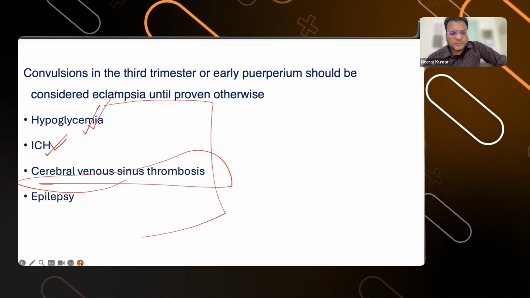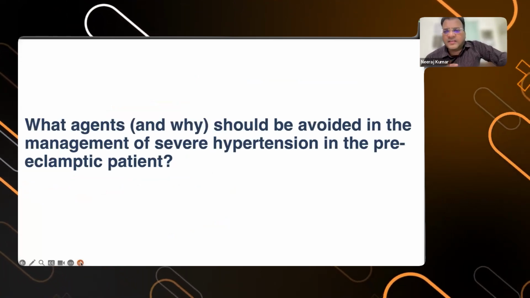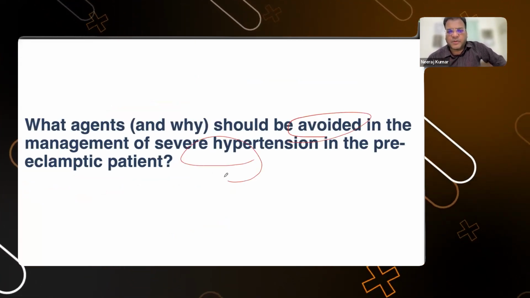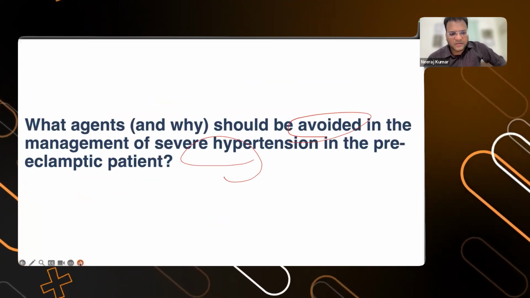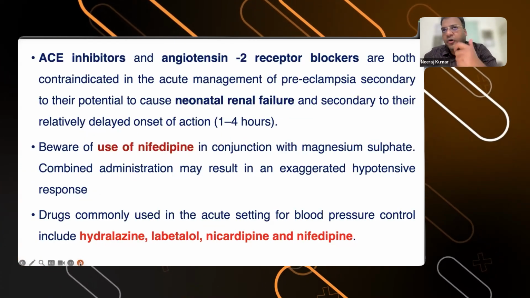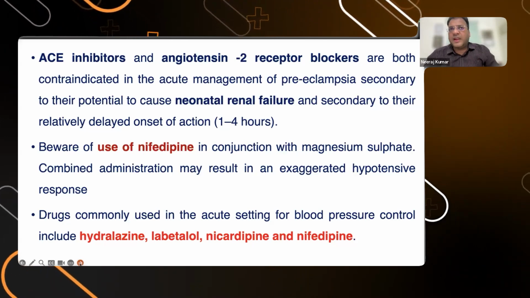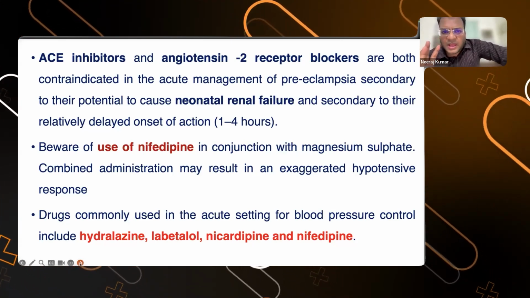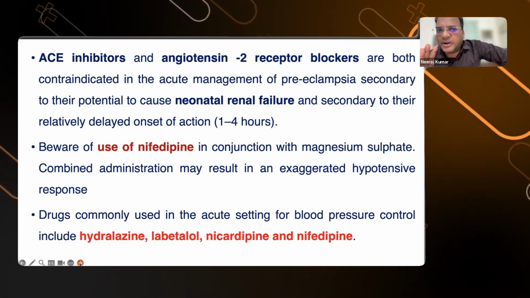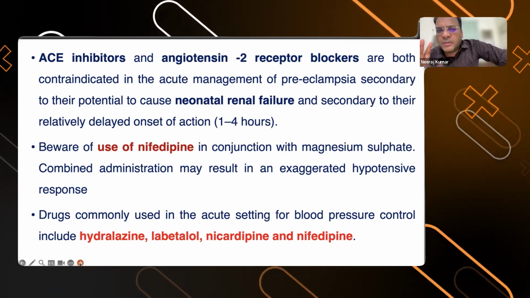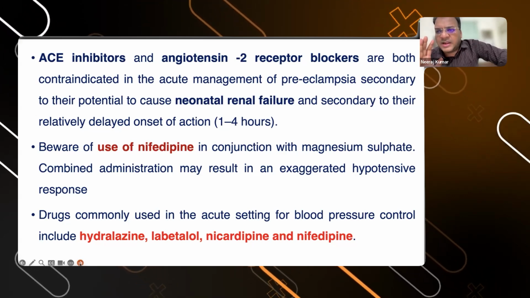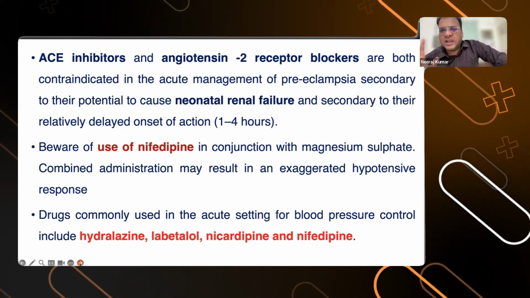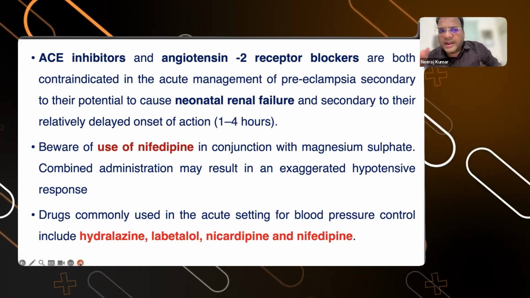Now the next point: what agents should you avoid in this group of patients for managing severe hypertension? This is again a very specific list, with all the explanation that you have to give in your exam. Okay, sir, I will be thinking of ACE inhibitors and ARBs, but the problem is that in the management, they can lead to neonatal renal failure, and they have a more delayed onset of action.